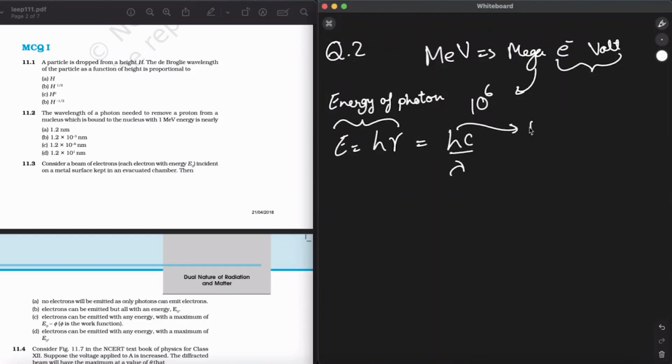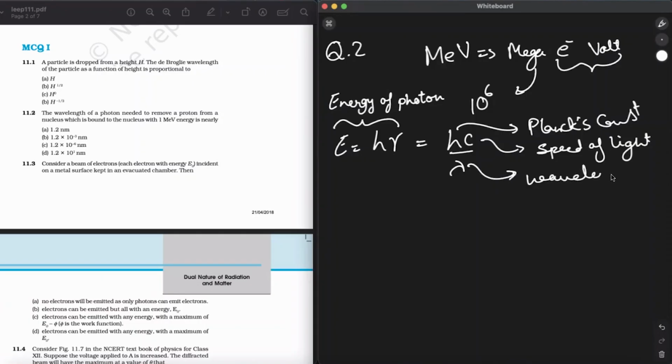This is Planck's constant, this is the speed of light. What will be the unit? The SI unit, meter per second. And lambda is the minimum wavelength of the photon that you have to calculate in this question. So E is equal to hc by lambda.